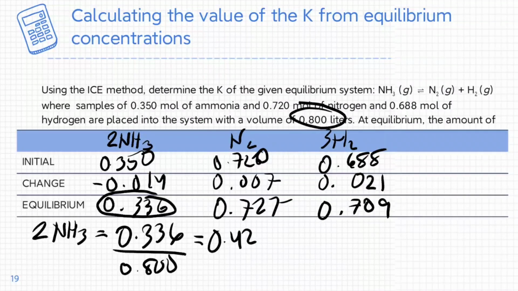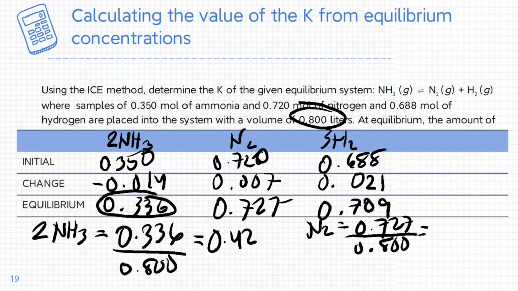Tapos si N2 naman 0.727 over 0.800. Ang makukuha mo would be 0.909.